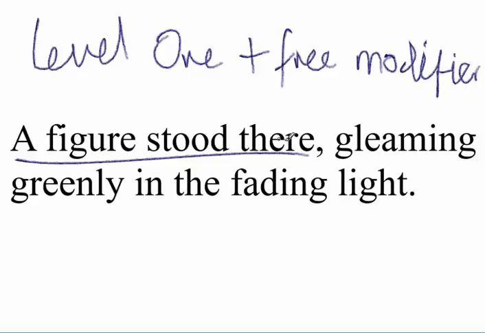So we have a level 1, and then we have an ing modifier, which we're quite familiar with at this point, and that's gleaming. A figure stood there gleaming greenly in the fading light. Okay, so that's an example of how you can use a level 2 modifier to add to a level 1.